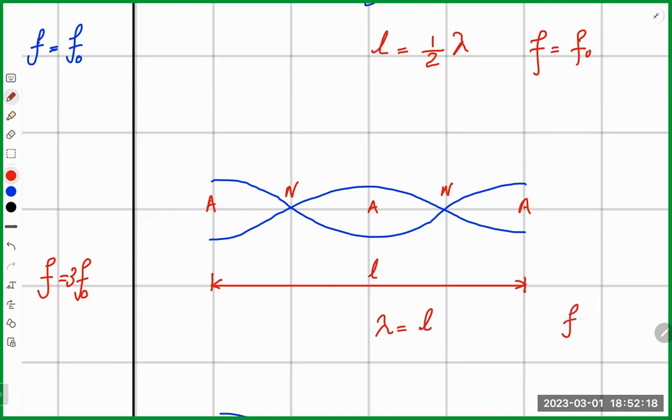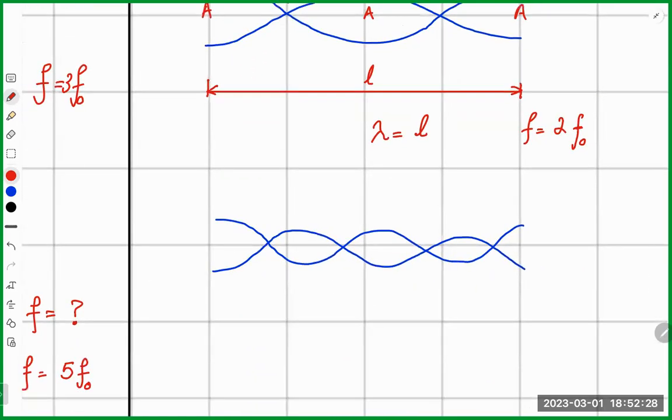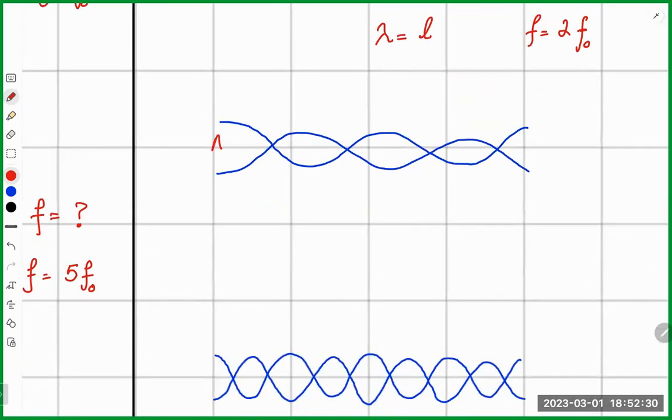The new frequency will be 2 times F naught. Antinode, antinode: this is one wavelength, this is another wavelength. So in this case, L equals 2 lambda. Lambda equals 1 over 2L.